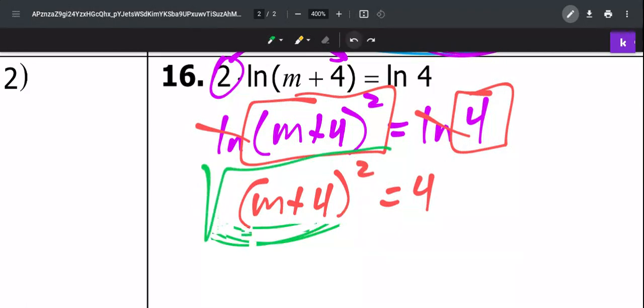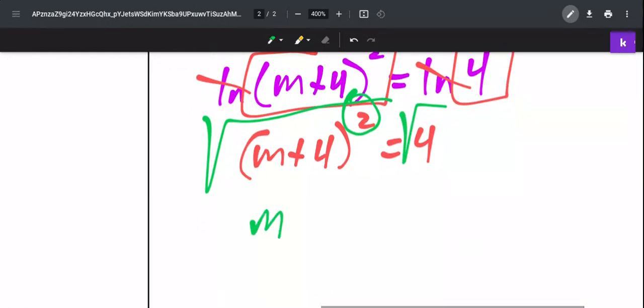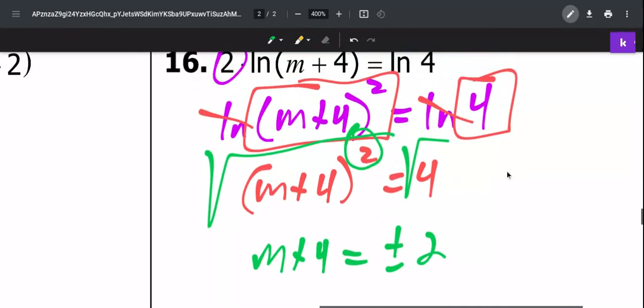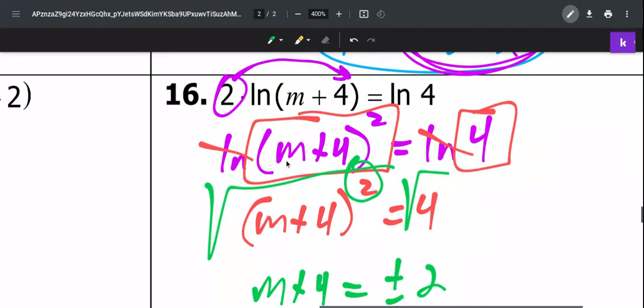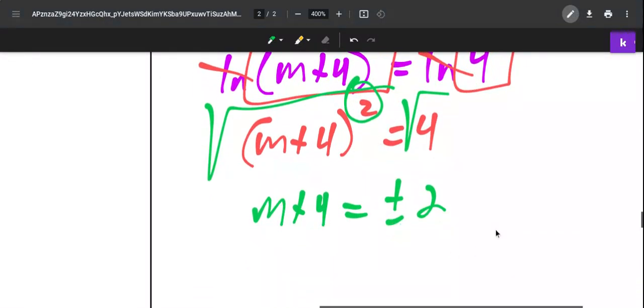Because if I do the square root of this, it will cancel out this exponent 2. So if I square root both sides, I end up with m plus 4 equals plus or minus 2. Because that's the square root of 4. And that's way faster than trying to FOIL this out, multiply m plus 4 squared out, and doing all that, and then going back and factoring. It's just way quicker to do it this way.